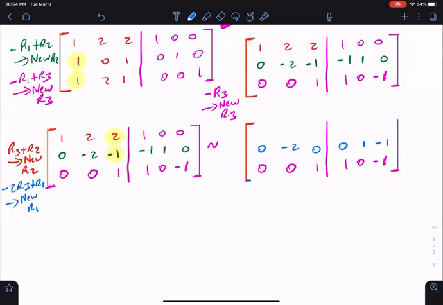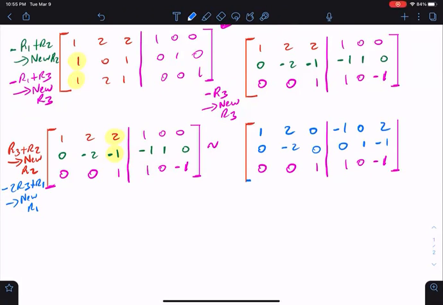So negative 2 times 0 is 0 plus 1 is 1. Negative 2 times 0 is 0 plus 2 is 2. Negative 2 times 1 is negative 2 plus 2 is 0. Negative 2 times 1 is negative 2, and 1 gives you negative 1. Negative 2 and 0 is 0 plus 0 is 0. Negative 2 times negative 1 is 2, and 0 is 2.